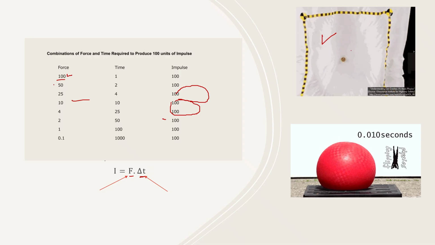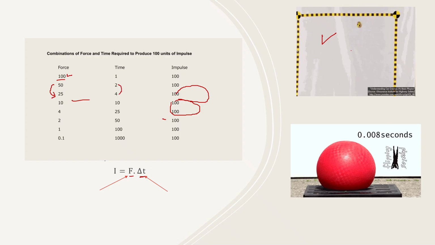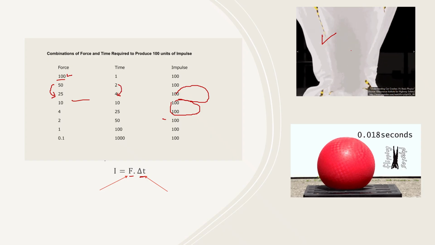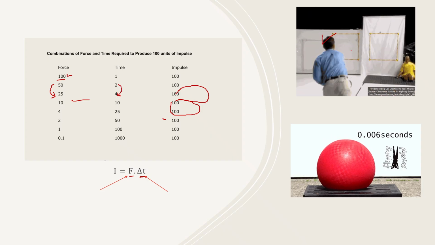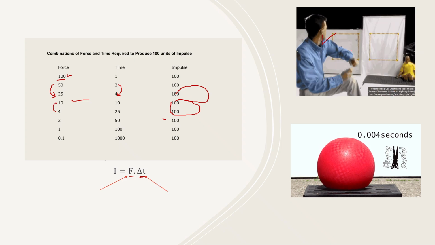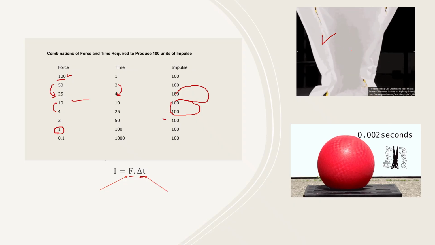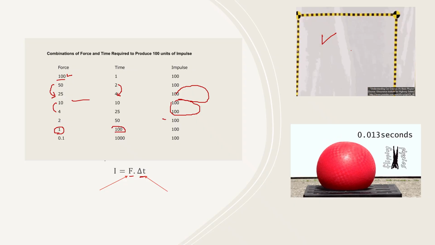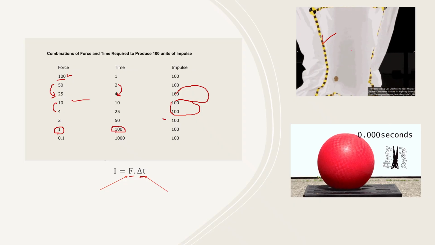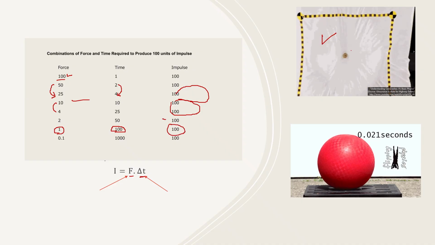Similarly, you can further decrease the force and increase the time, and it again makes 100. And if the force is 1 Newton, then the time of collision will be 100 seconds, and when you multiply these two, you will get again 100 units of impulse.